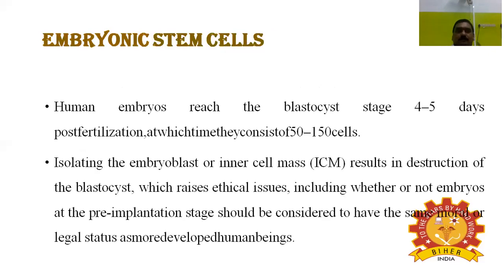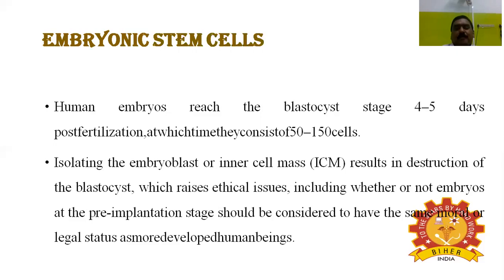So inner cells are the pluripotent stem cells. Next, I'm coming to the embryonic stem cells. What are the characteristic features of embryonic stem cells or ES cells? The human embryos reach the blastocyst stage on the 4th, 5th and 6th days post fertilization, at which time they consist of 50 to 156 cells. Remember, 50 to 156.